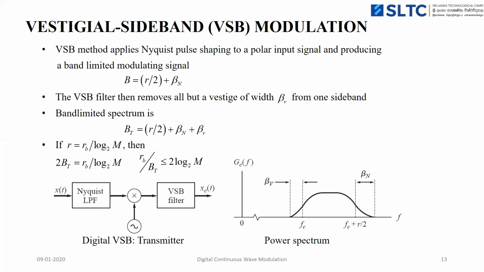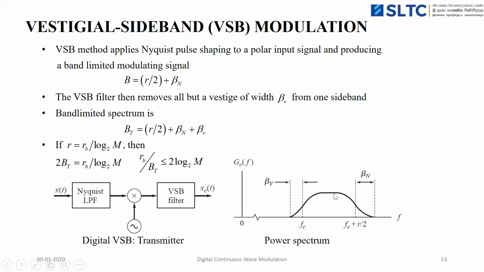We can allocate the bandwidth for the vestigial sideband as B equal to half of the input rate, not B equal to R, plus some vestige band due to the Nyquist low pass filter and the vestigial sideband filter. So this is the final expression for the bandwidth of the VSB modulated signal: R by 2 plus beta N plus beta V. These beta N and beta V are the edge bandwidth due to the leakage of the power.